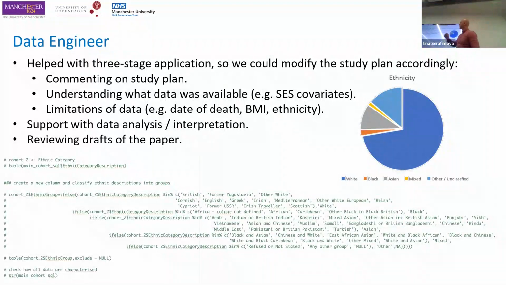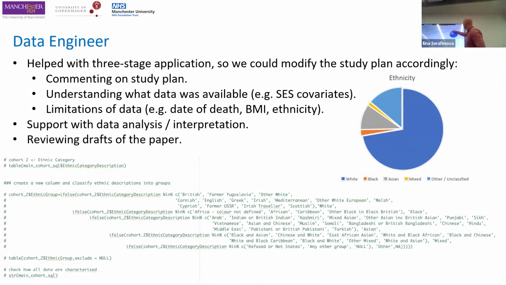We got support with data analysis and interpretation of our results, and also reviewing drafts of the paper, which was subsequently published. This is just one issue with ethnicity. And actually, in hindsight, a lot of other cohort studies that have published similar COVID-19 severity papers don't have access to ethnicity at all. But it's not very well recorded with the NHS data.